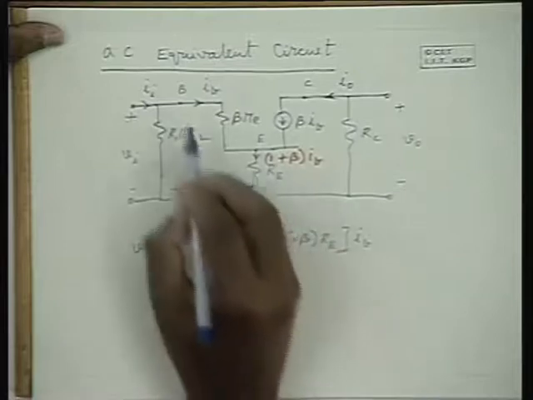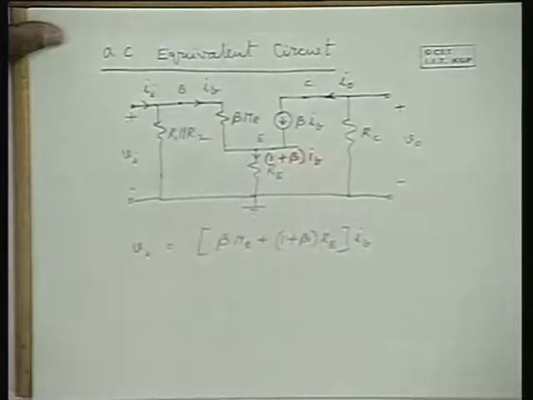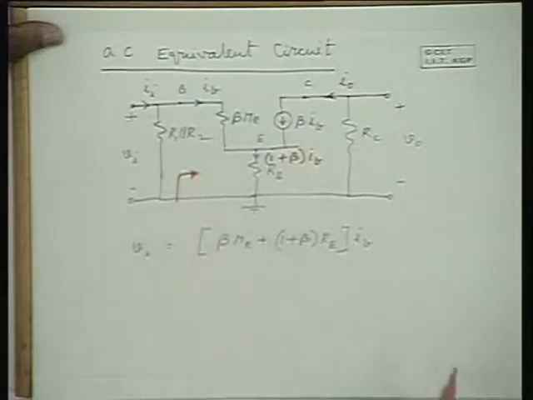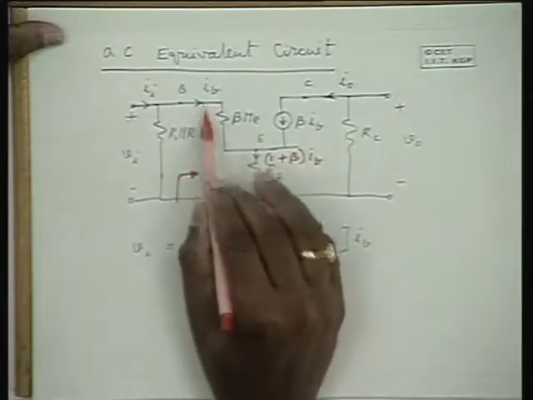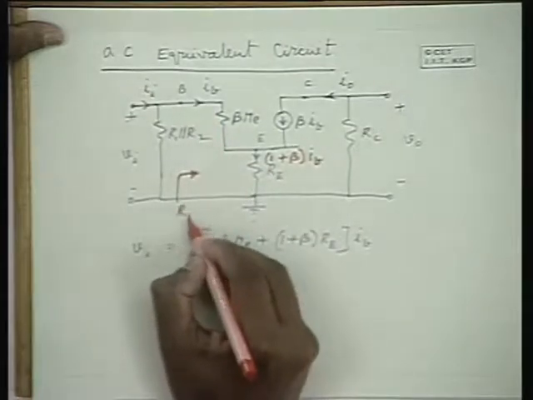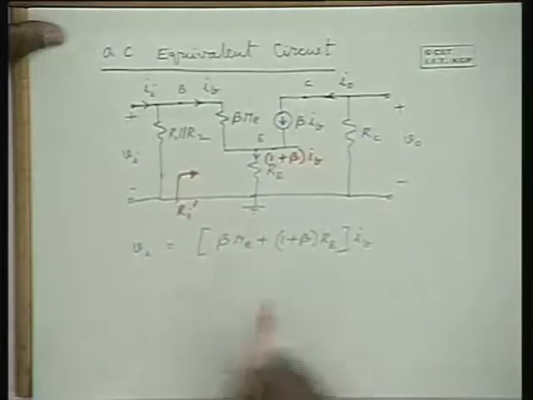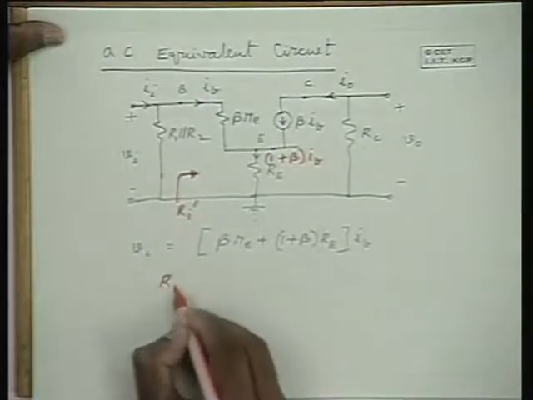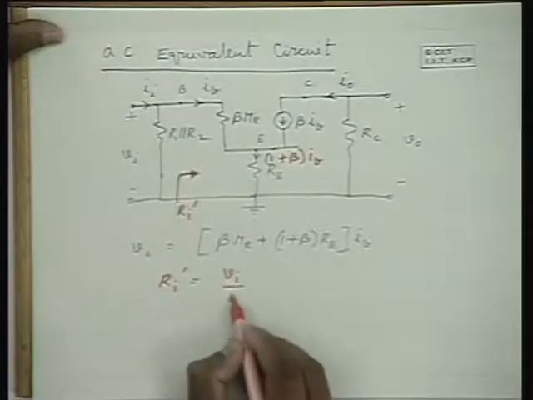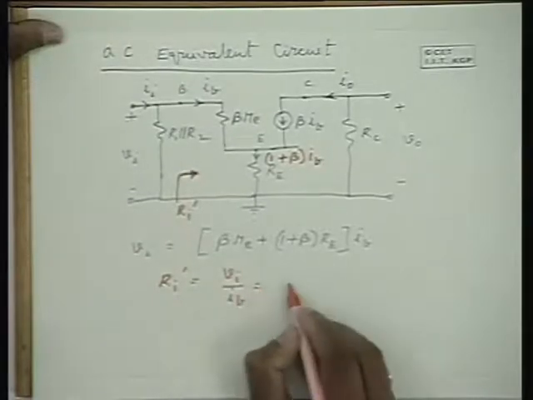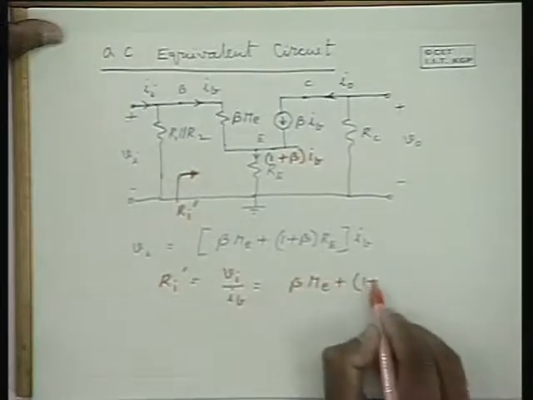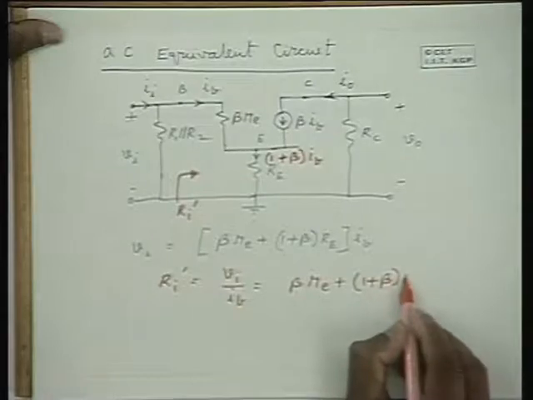Hence, the input impedance between this point and this point is this voltage divided by IB. So if you treat this as the input impedance Ri dash, it is equal to Vi divided by IB, and that is equal to beta Re plus 1 plus beta into Re.